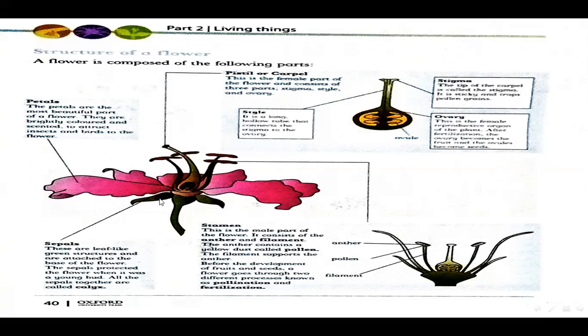After this, here you see the leaf-like structures. These leaf-like structures, green in color, are called sepals. They are attached to the base of the flower. The sepals protect the flower when it is a young bud.